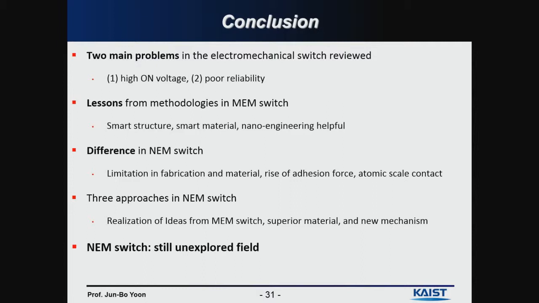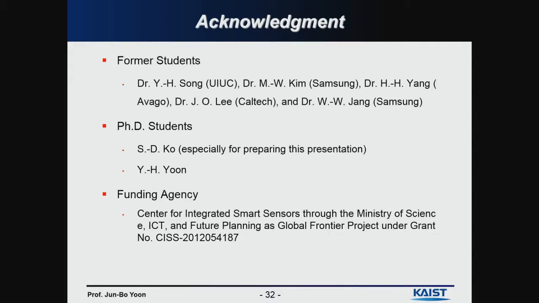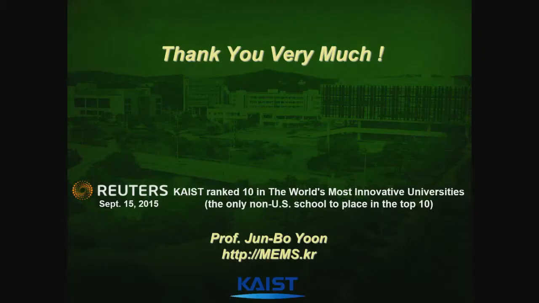And I introduced to you a couple of approaches already applied in the NEM switches. But I can tell you that the NEM switch, nanoelectromechanical switch, is an area where still a lot of things are not explored. So with that, I'd like to conclude my talk. Thank you very much.